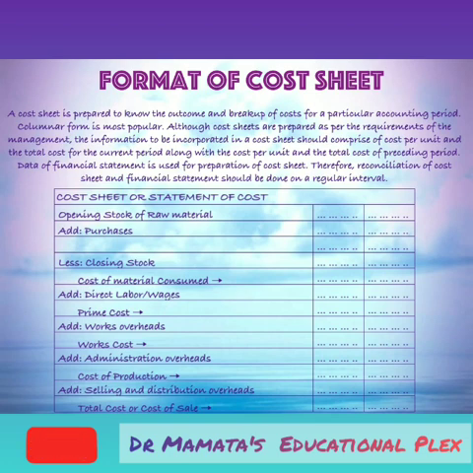To it we add direct labor or direct wages and we get our prime cost. To the prime cost, we add our factory overheads or works overheads and we get our works cost. To the works cost, we add administrative overheads or office overheads and we get the cost of production, which can be termed our office cost.